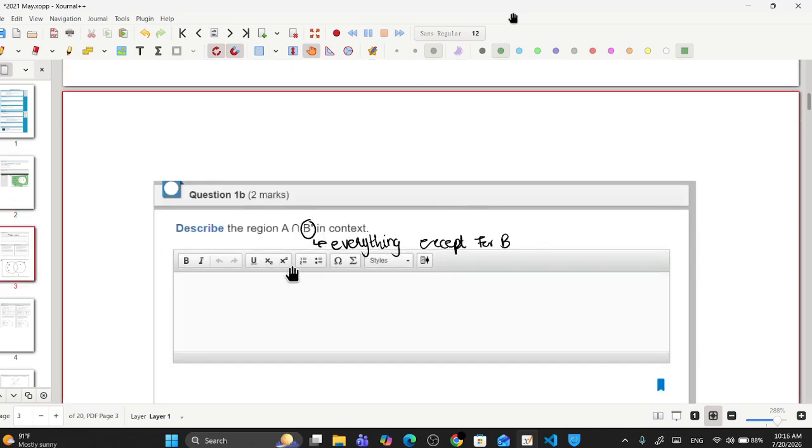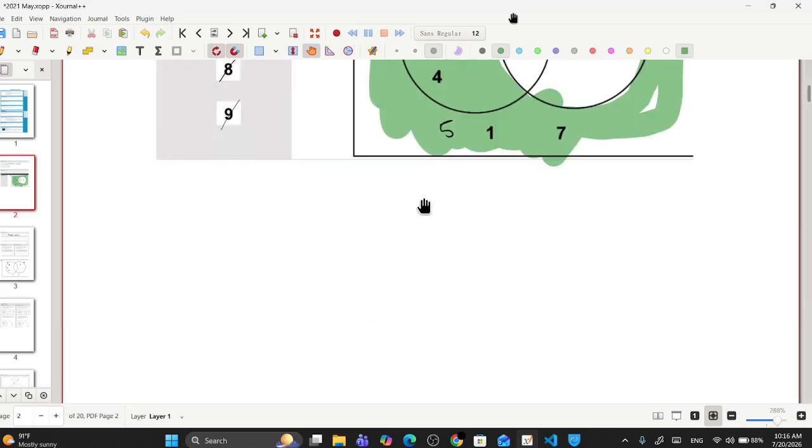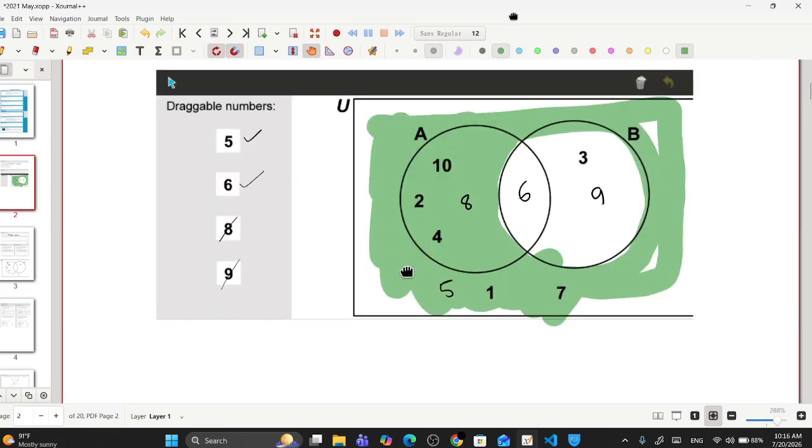We have in front of us an intersection. Alright? And whenever we're talking about intersection, first things first, let's also highlight A. A is highlighted completely. But here comes the tricky part.